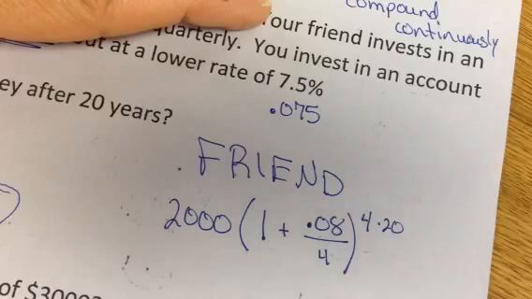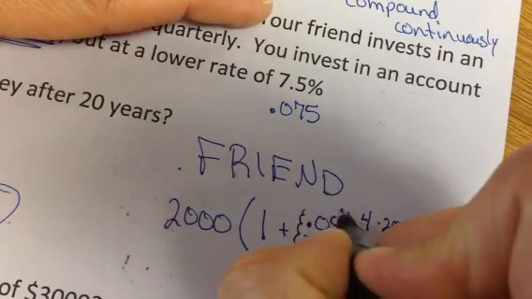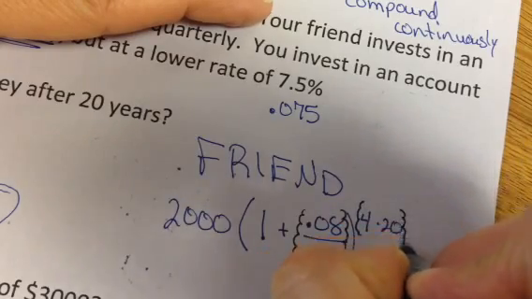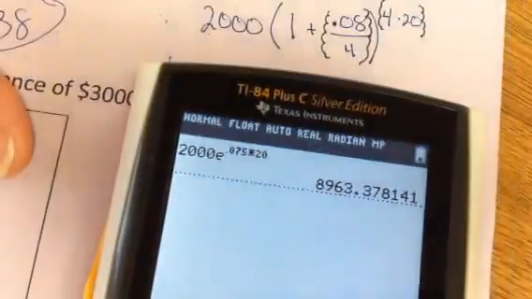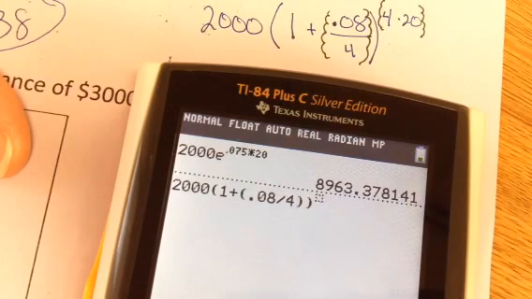So as far as the calculator goes, you will need to wrap extra parentheses here, and with the older operating system, parentheses here. All right, so 2,000, parentheses 1, then your other parentheses. The exponent, so again, some of you need to put parentheses here, or you could just type in 80.